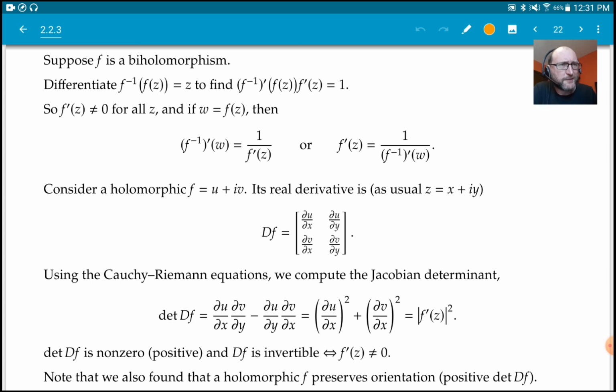We haven't really talked about orientation. We're not really going to talk about it in this course, but that's what we did, because the determinant of the real derivative is always positive. Well, unless it's 0, but this is always non-negative, at least, right? So if f prime is never 0, then you have something that preserves orientation.